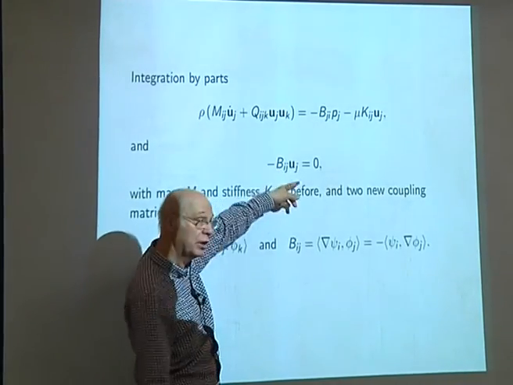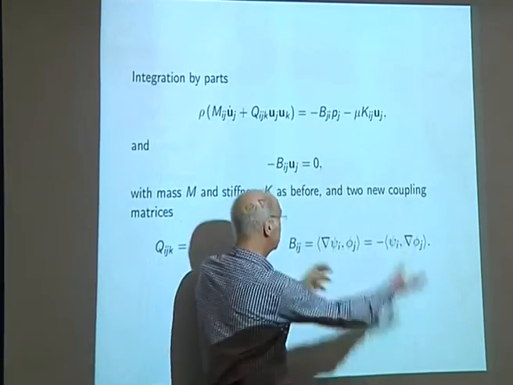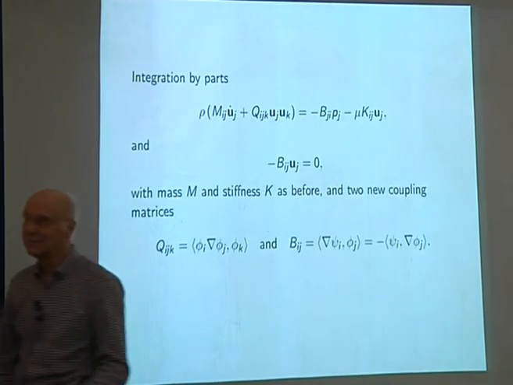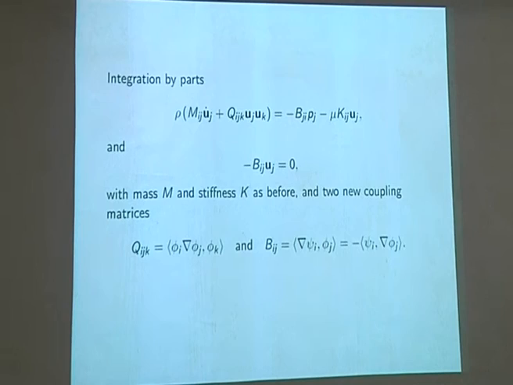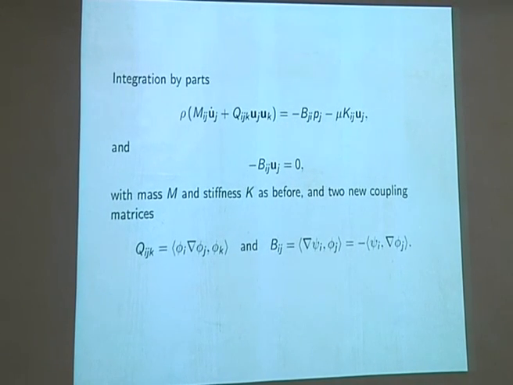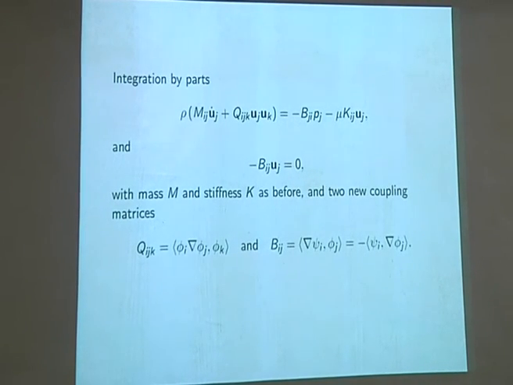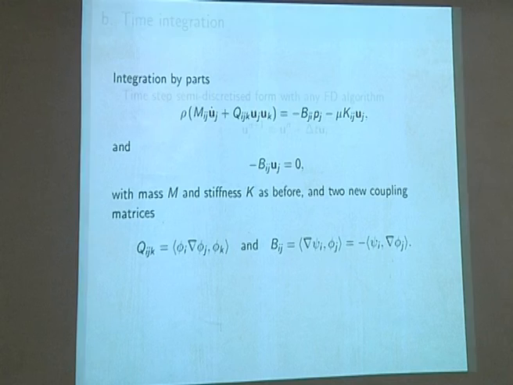So it's that. And they're the same thing with a minus sign, because you just integrate by parts. Okay, so that is the matrix version of the finite element version of the Navier-Stokes equations.